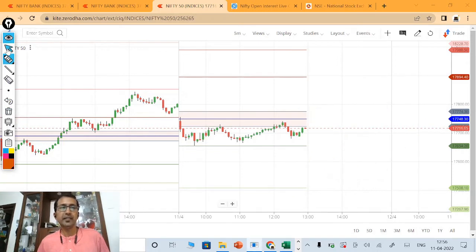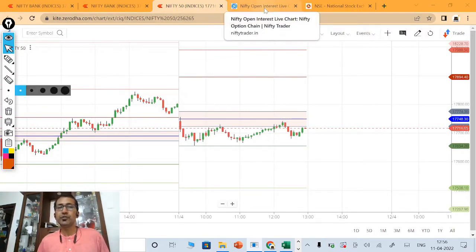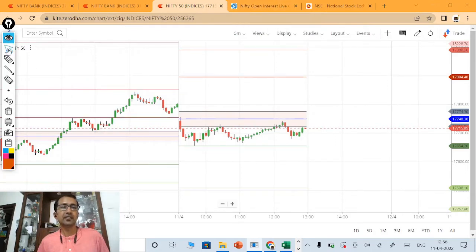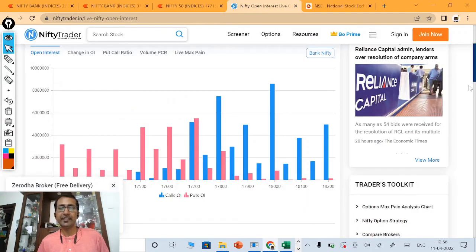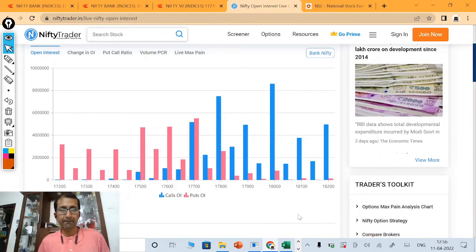Now let me come to the third important aspect, that is open interest live positions and also change in the open interest. I'll present it on the screen. Here you can see the open interest positions.